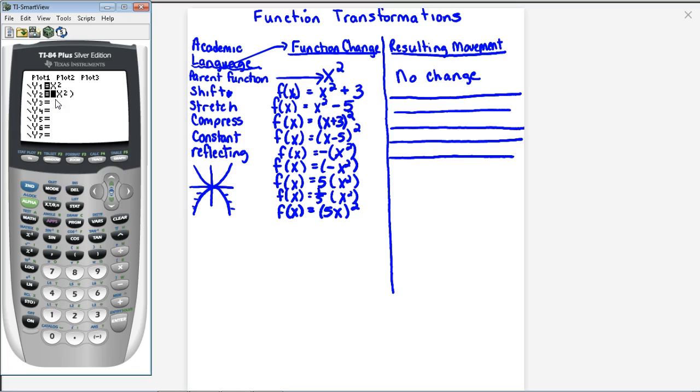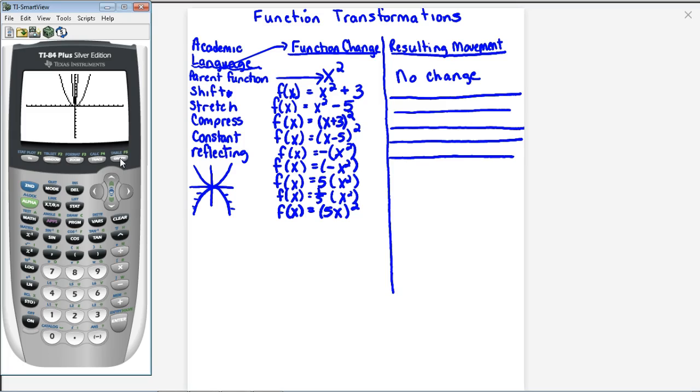So let's try this. So in this case, we want parenthesis 5x parenthesis that squared. Okay. Cool. And what do you notice? It actually made it taller and skinnier, but what we're talking about is that the x value is bigger each time. Okay, so it did the opposite. When we multiplied it by a bigger number, it made it skinnier.